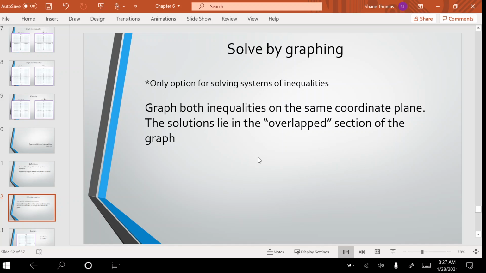All right, so I gave you that piece of graph paper, right? Get that thing out. That's what we're going to need.